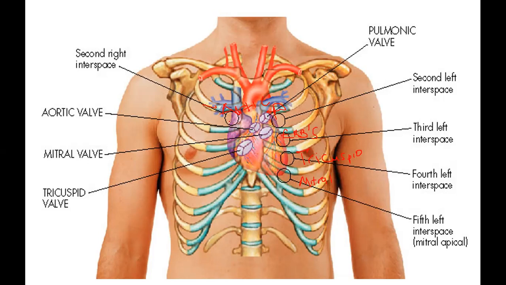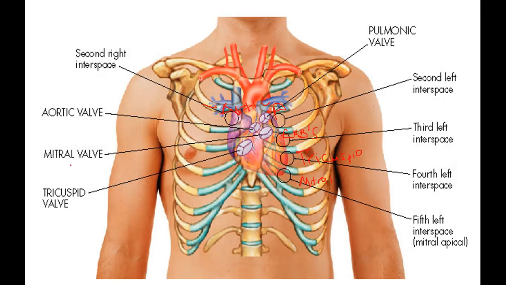You start with the aortic area so that you are able to get sounds from the aortic valve more clearly. You come to the pulmonic area. The pulmonic area is in the second intercostal space in the left parasternal border. Sounds from the pulmonic valve may be heard more clearly from there. Then Erb's point.